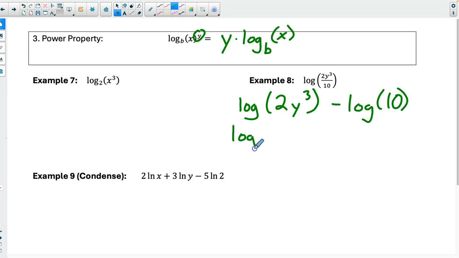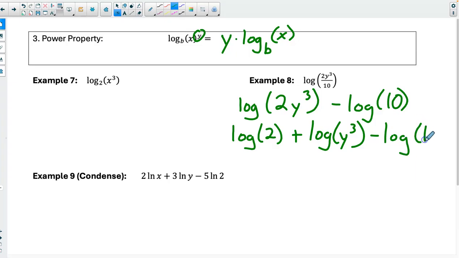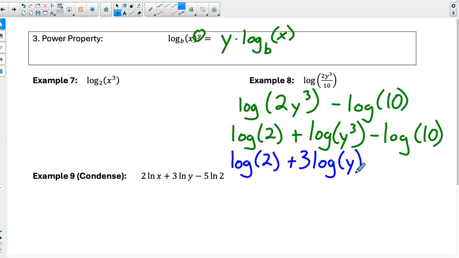So I'm going to have log 2 plus, because I'm multiplying those pieces together, log y cubed minus log 10. Lastly, I just go ahead and I take that 3 and I put it in front of the log that has the y. So I'm going to copy and paste the log 2. And then I got plus 3 log y minus log 10.